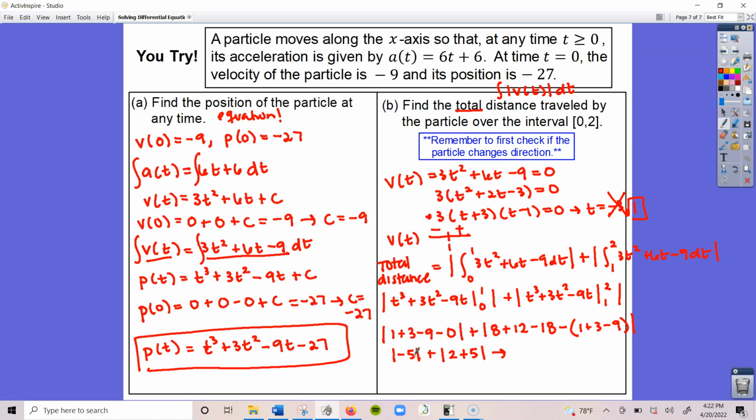So the absolute value of negative 5 is 5, plus the absolute value of 2 plus 5 is 7, and 5 plus 7 is 12. And this would be my total distance. Since we don't have units, we don't have to worry about adding on any units. So I wanted to review the total distance. But that is how we solve differential equations.